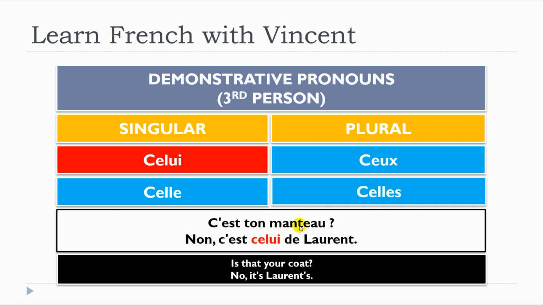Manteau is a masculine word, and in that case it's the singular. So we'll go for the celui pronoun. Then we put the preposition de, and then we put the name of the person. C'est ton manteau? Non, c'est celui de Laurent.